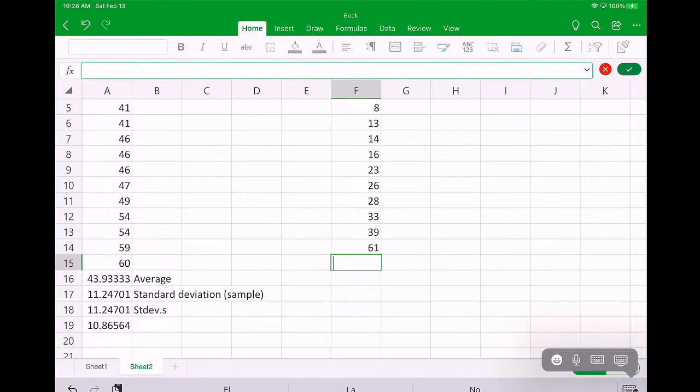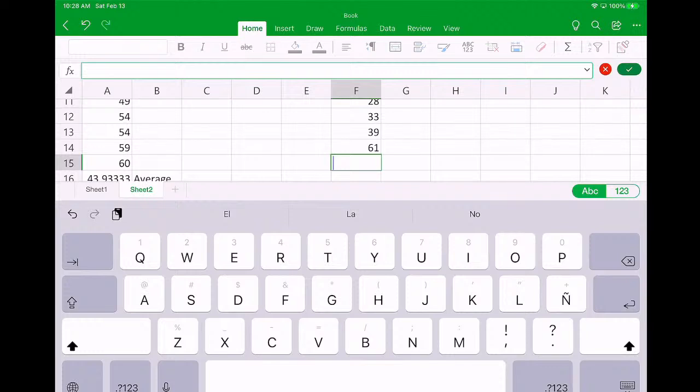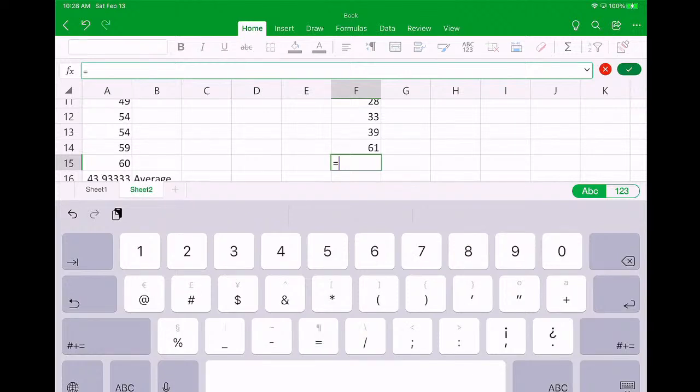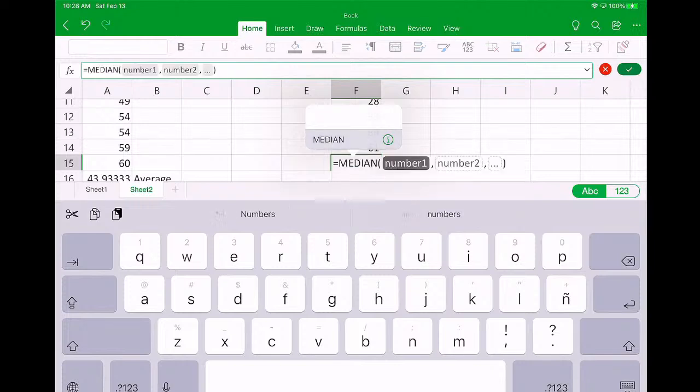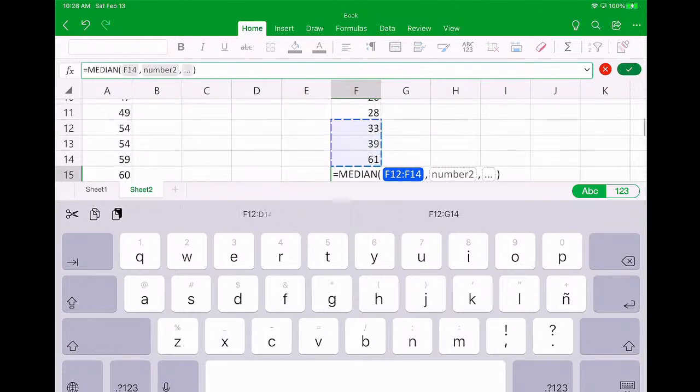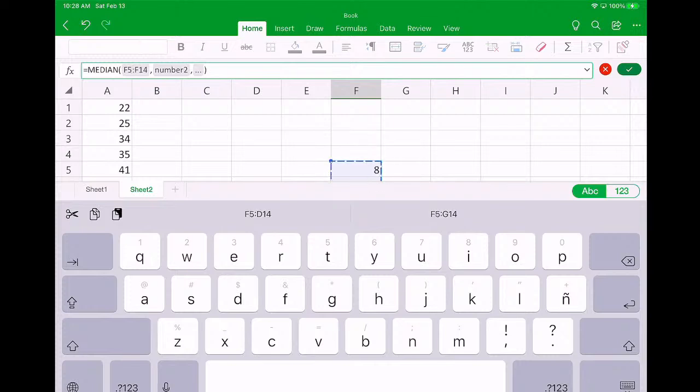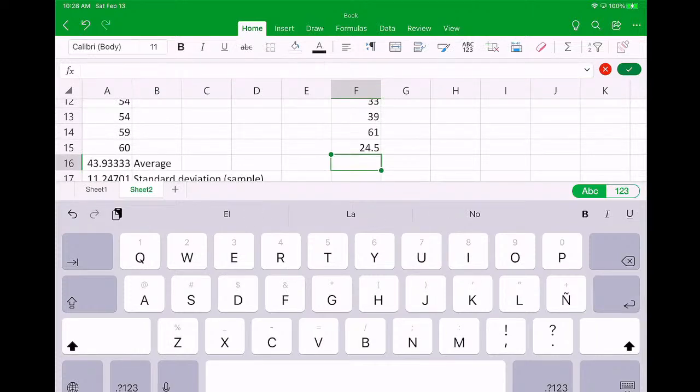So if I want, let's just say median. Let's see what we get. Okay, so we got the same value. So we did get the median here.